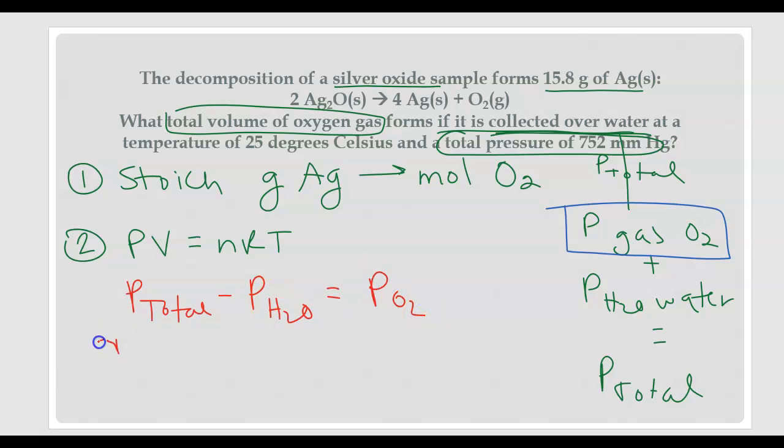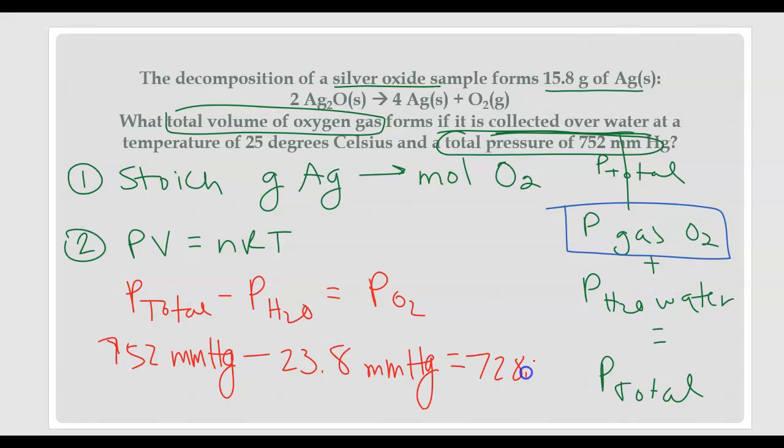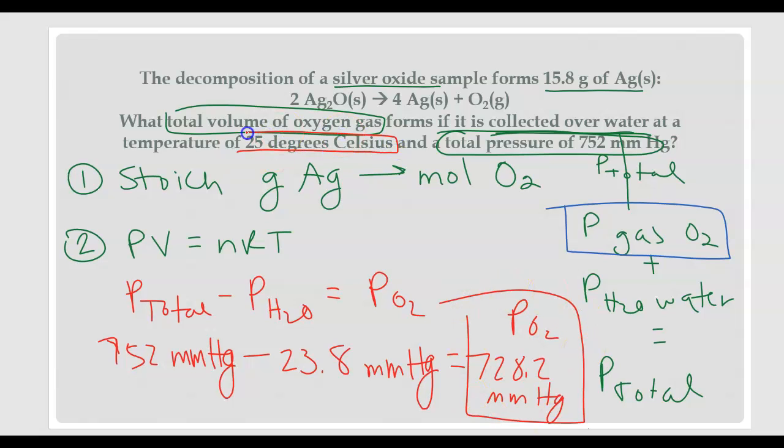So we have 752 millimeters of mercury minus 23.8 millimeters of mercury, which will then equal 728.2 millimeters of mercury for the pressure of our oxygen. You can use that and the values that are given. We have the temperature, you can calculate the moles, and we know the R to solve this problem.